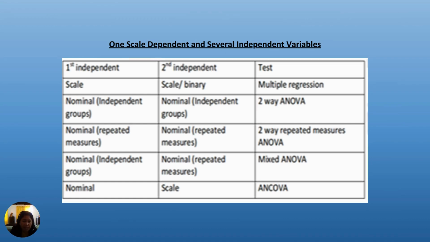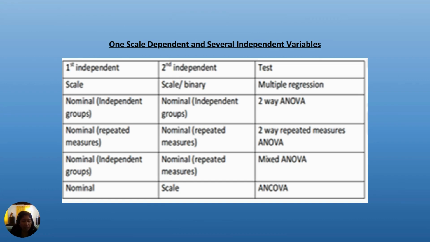So in this case, if your first independent variable comes with scale data, and your second independent variable comes with scale data or binary, the test that we're going to use is multiple regression.